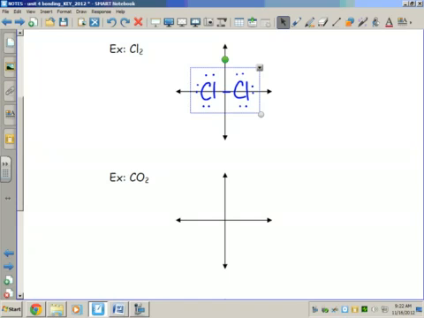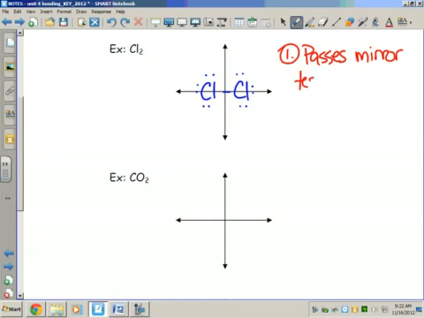You can flip it across any axis and you get the same thing. Since it's only 2 atoms, there is no central atom, so we don't have to do the second test. So we say Cl2 passes the mirror test, which means it is a nonpolar molecule.